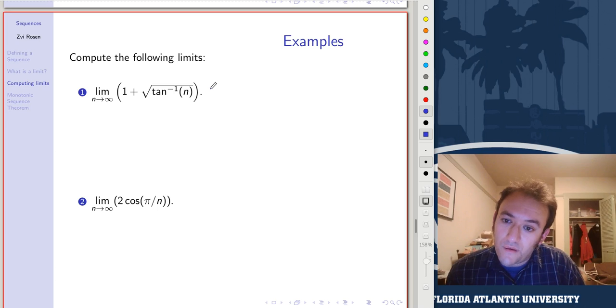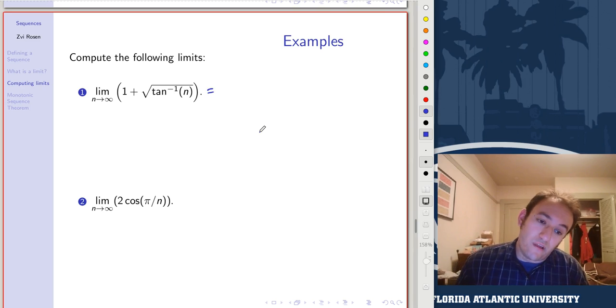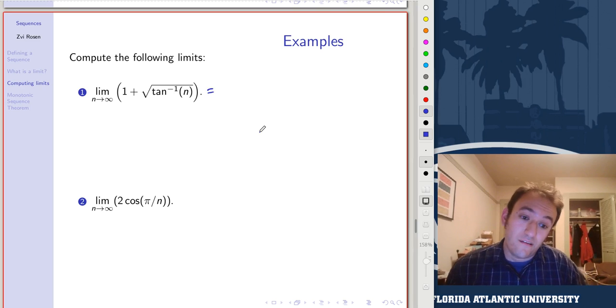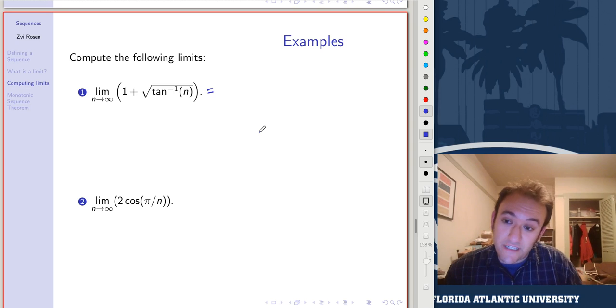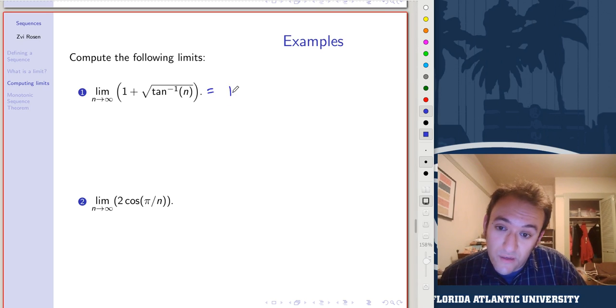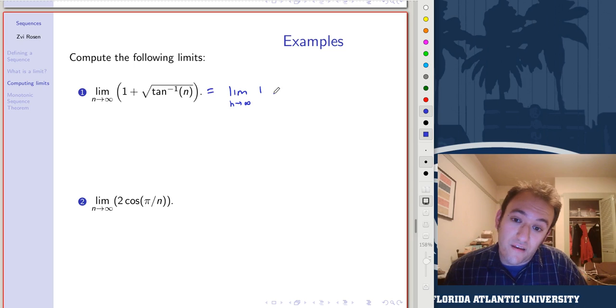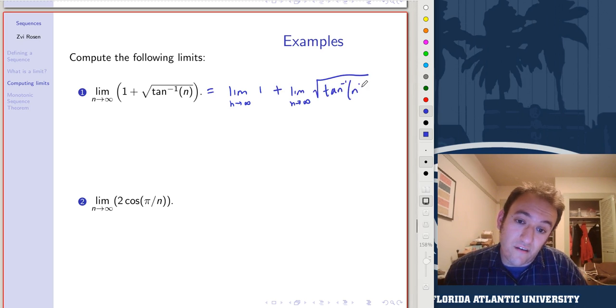Okay. Well, the first thing that I know, if we can assume that both of the summands are convergent, then this will be equal to the limit as n goes to infinity of 1 plus the limit as n goes to infinity of the square root of arctan of n.